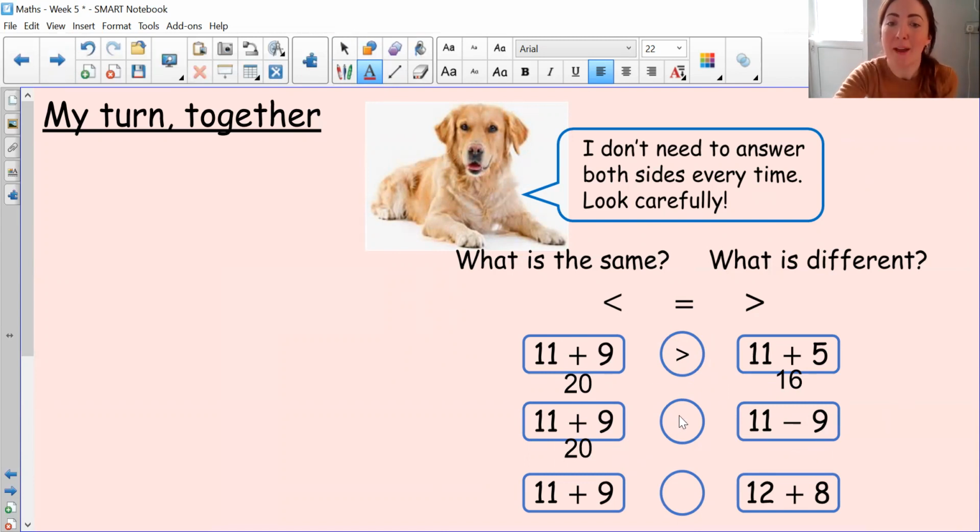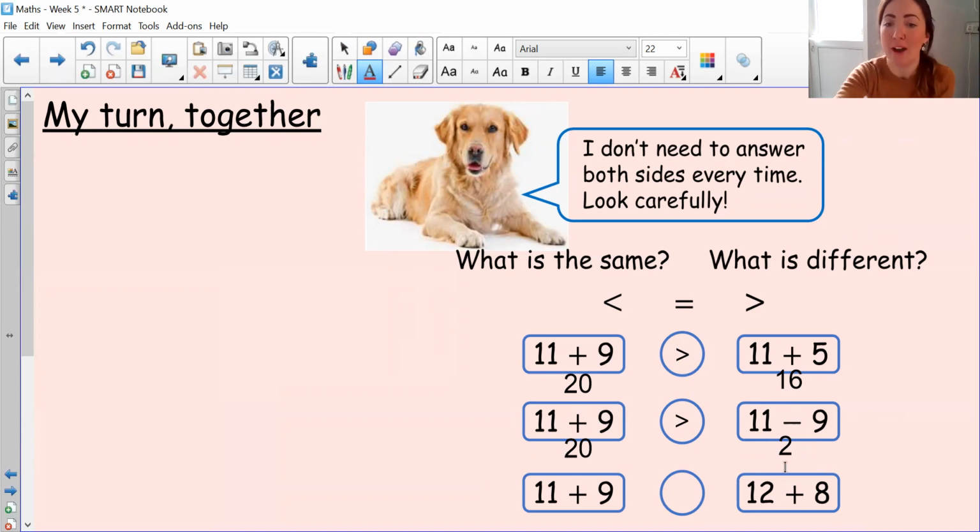So 20, or 11 add 9, must be greater than 11 subtract 9. But let's work out what 11 subtract 9 is just to check. 11 subtract 9 is 2. Okay, and 20 is definitely greater than 2. So yes, 11 add 9 is greater than 11 subtract 9.